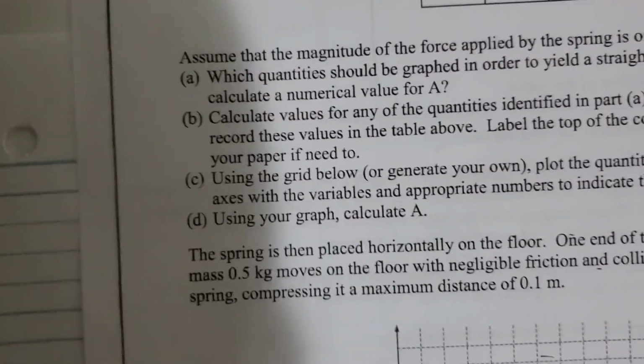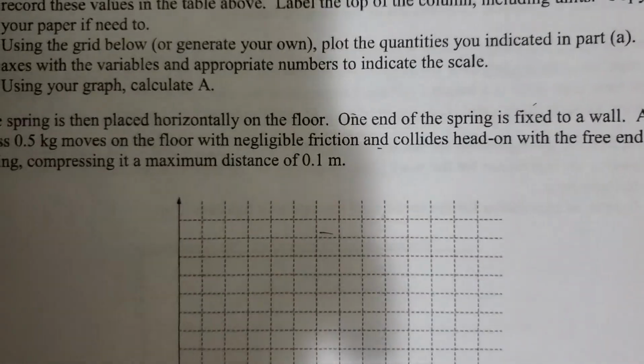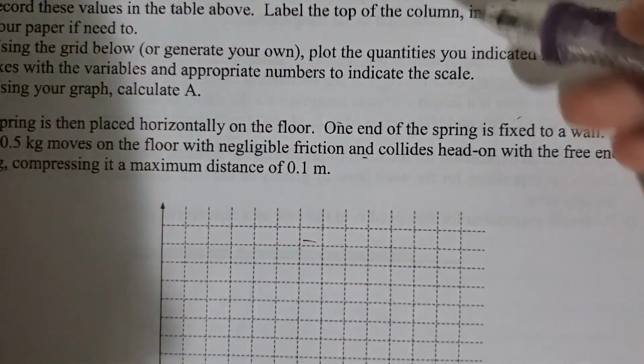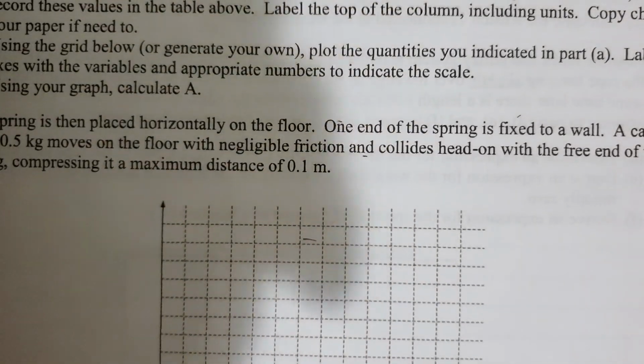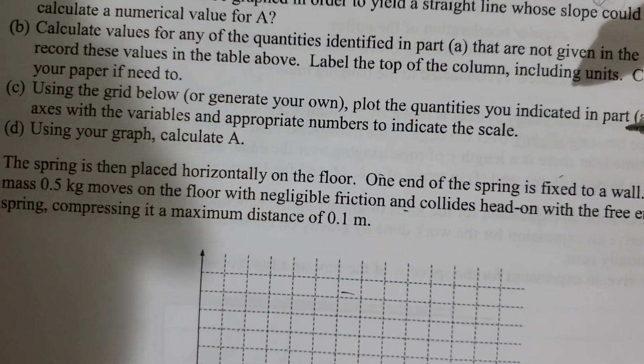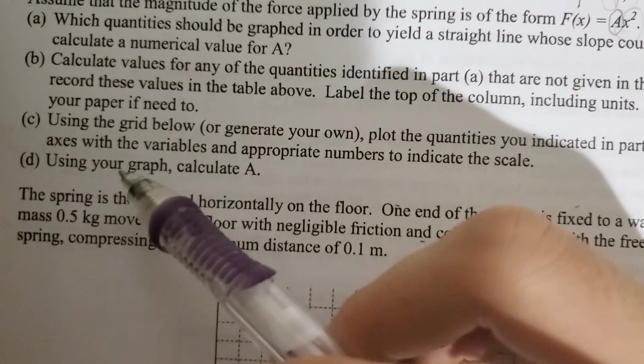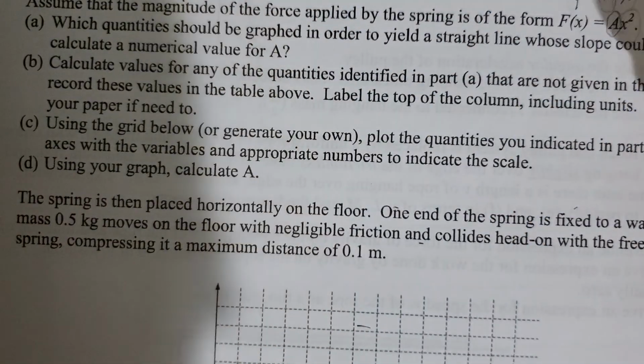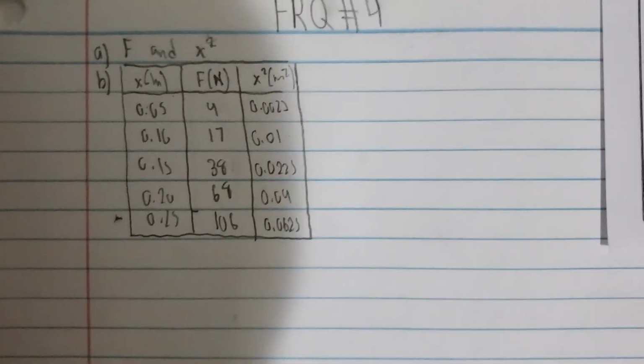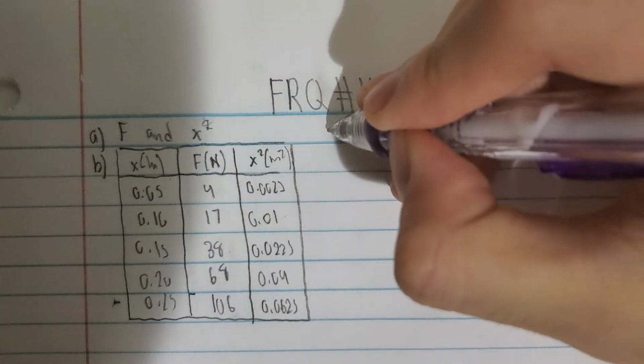Alright, now part C wants us to use the grid below or generate your own and plot the quantities you indicated in part A, and label the axes and variables appropriately and indicate the scale. Okay, so I'm going to create my own graph.